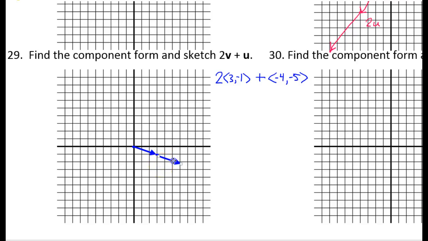Okay, so here is 2 vector v's. And so now we need to add a vector u. So let me switch colors. Vector u is left 4 and down 5. So when you're adding vectors, you put them end to end. So I'm going to start vector u that I'm adding at the end of vector 2v. So I'm going to start here, and I will go -4, -5.